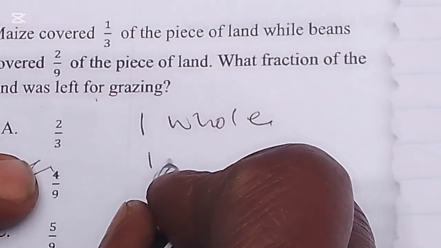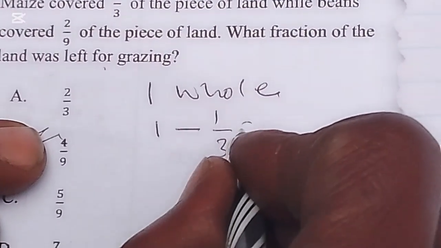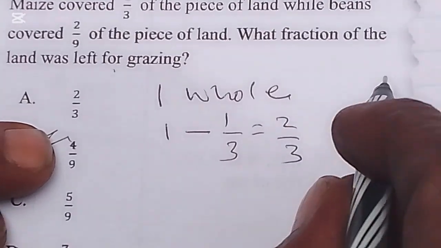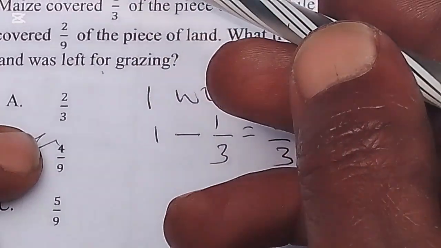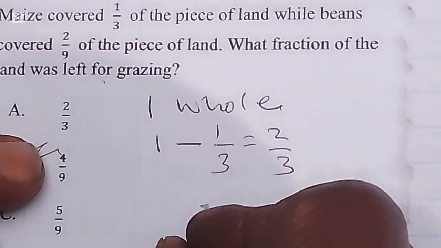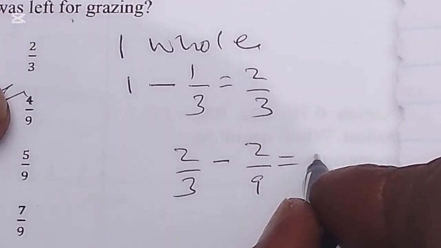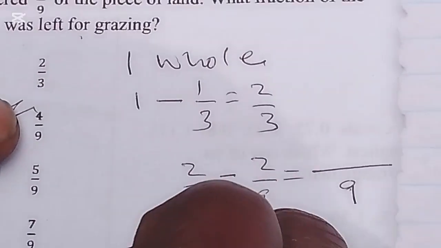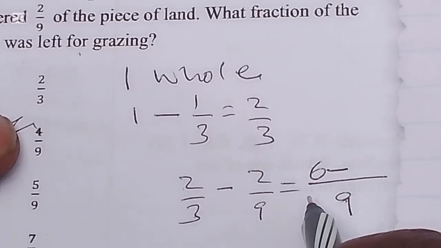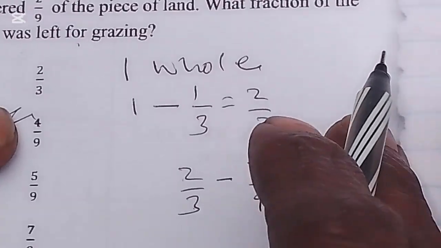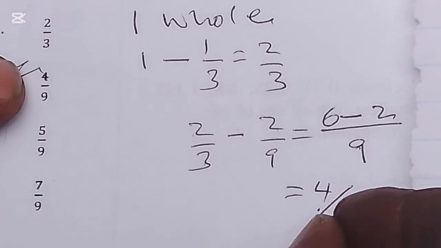Then 1 whole, you subtract this one for maize, you get 2/3. What is left now is for beans and grazing. So you subtract for beans 2/3 minus 2/9. The LCM is 9. 9 divided by 3 is 3 times 2, 6 minus 9 divided by 9 is 1 times 2 is 2. And you get 4/9.